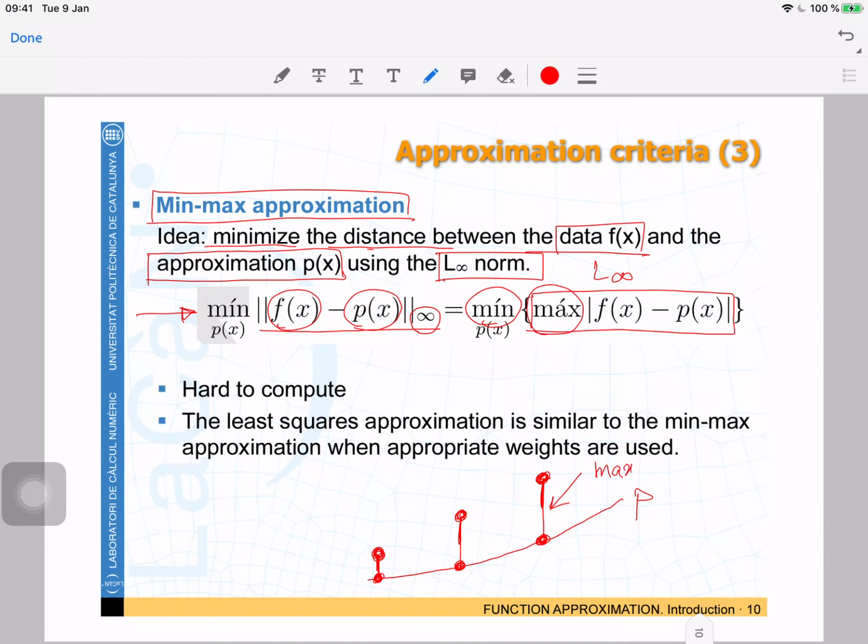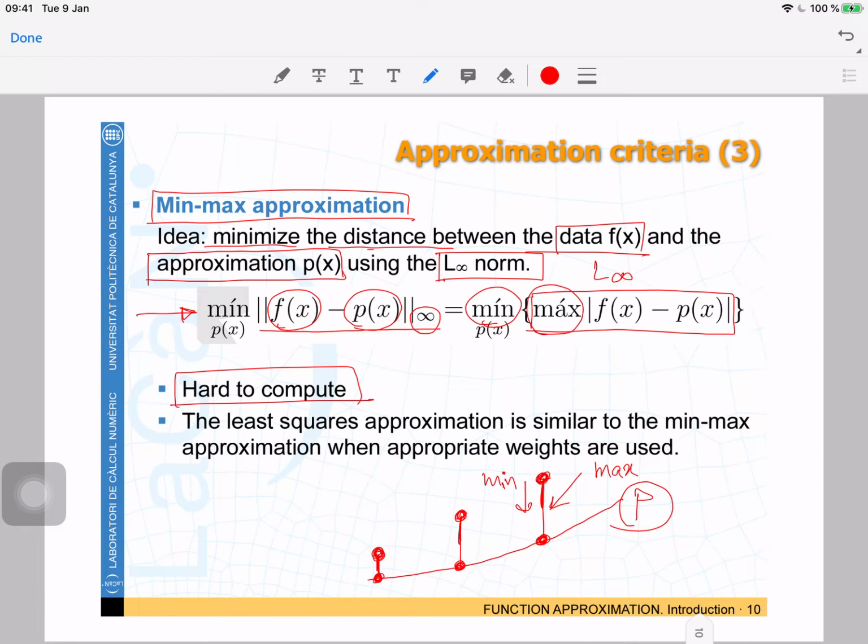This is the maximum distance. And then if we try to minimize this maximum distance, basically we come up with our approximation. A drawback of this method is that it is very hard to compute.